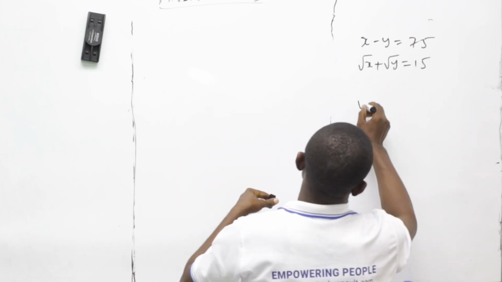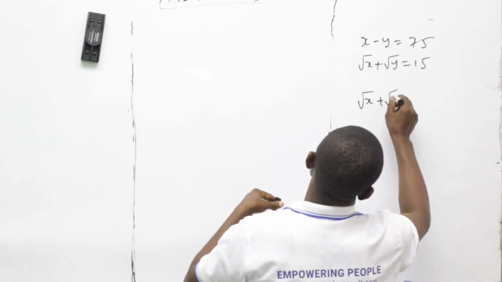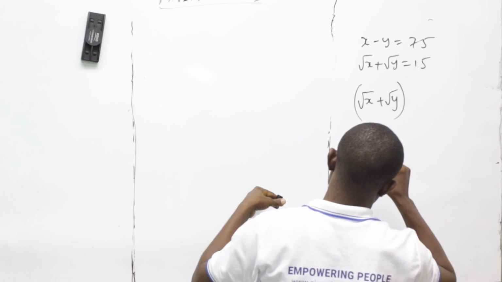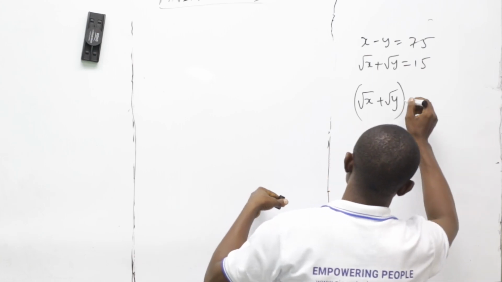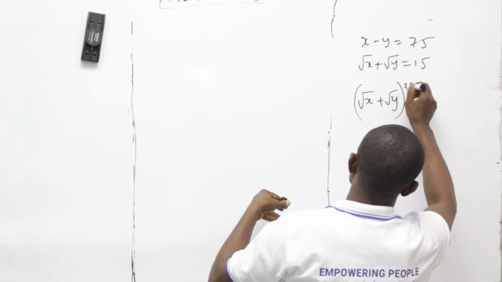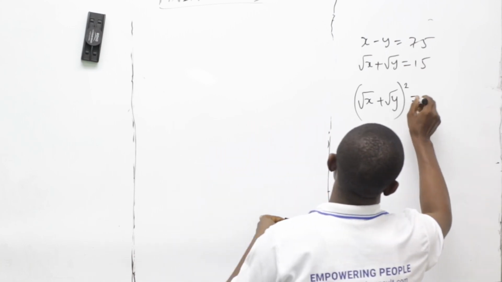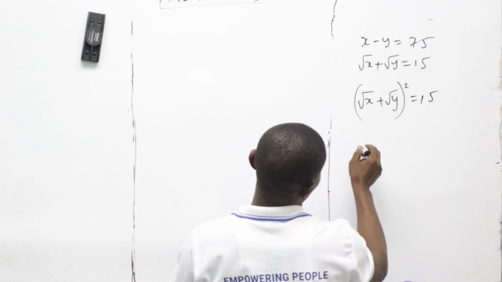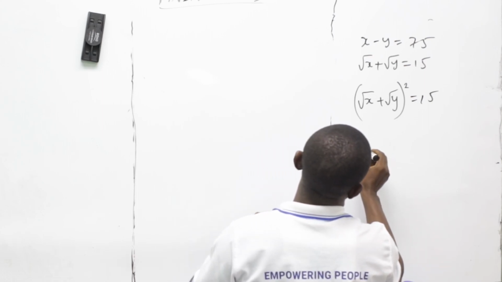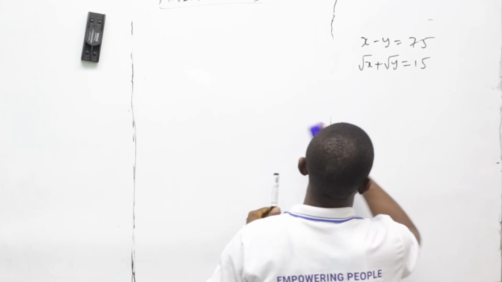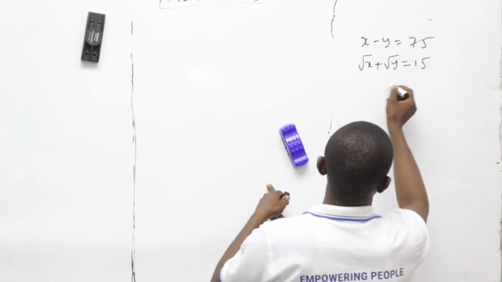From here, root x plus root y raised to the power, equals 15. So this guy here will give us this.